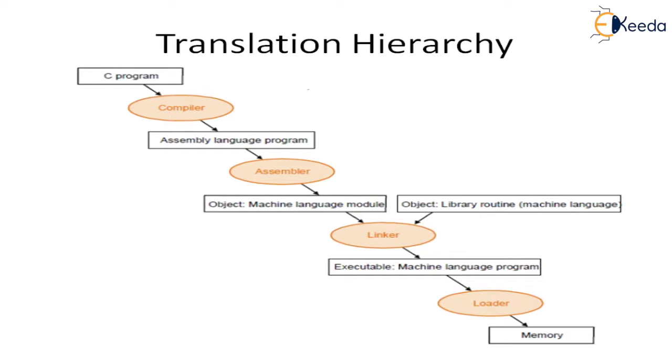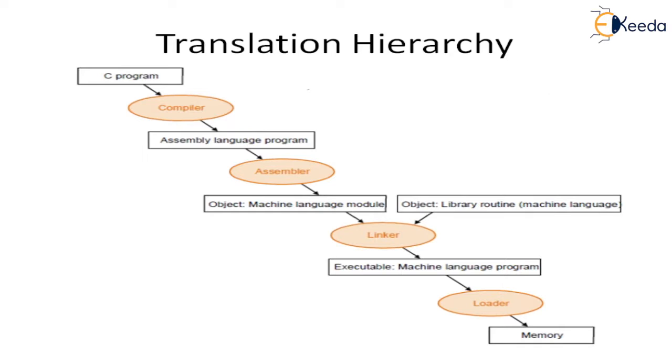Now, how the flow is transferred from one program to another is given in this translation hierarchy. First of all, we give the C program to the compiler. The compiler will generate the assembly language program. Then that assembly language program is given to the assembler. The assembler generates the object file with a machine language module and the object file with a library routine, which is also machine language.